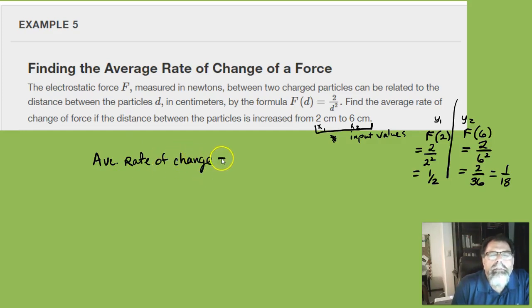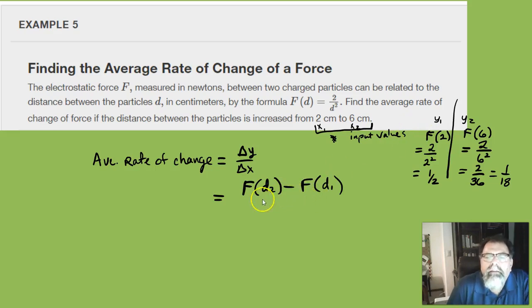of force is equal to change of y over change of x, which in this case would be the output values, f of d2 minus f of d1, although I used x and y. It's okay.